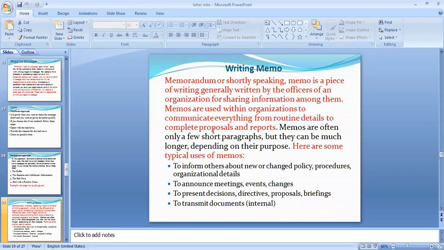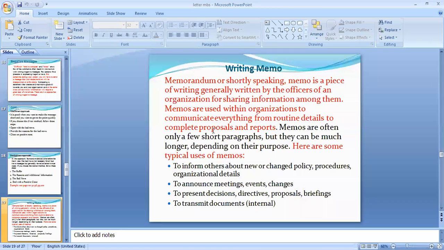But memo is outdated nowadays. Because of the digital age, different types of digital boards are developed in organizations. SMS is there, short messages are there, instant messages are there, email is there. In email you can CC all, the CC part, you can attach all the addresses there and they read it.